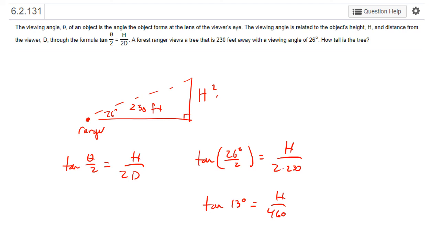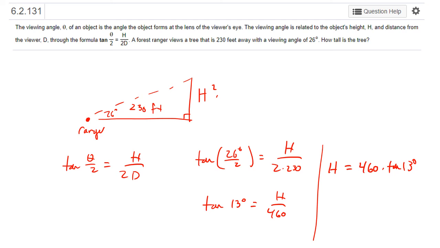If I multiply both sides by 460, we get the height of the tree is 460 times the tangent of 13 degrees. And again, since this is not a standard reference angle, we're not going to get an exact answer. The exact answer is this, 460 times the tangent of 13 degrees. If you want to put it into a calculator, you will get an approximate solution.